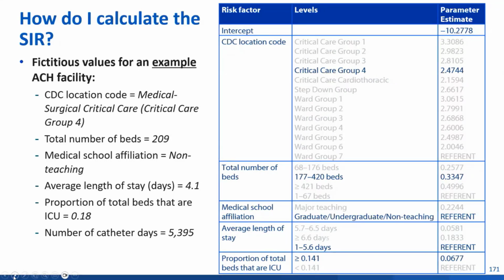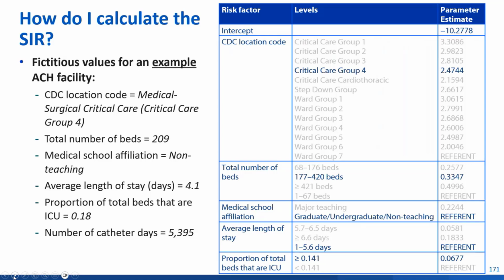So on this slide, I've highlighted the relevant levels and their corresponding parameter values for all 5 variables for this example facility. The non-relevant levels are grayed out, and the corresponding parameter values contribute to the total number of predicted events for this example facility.